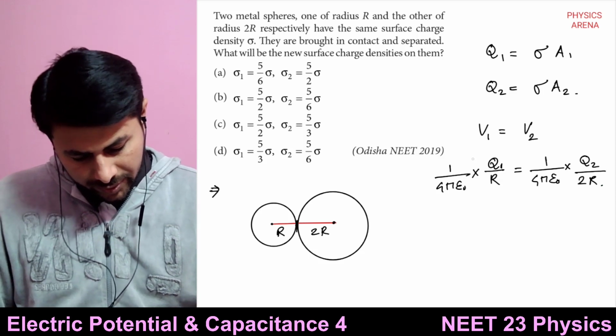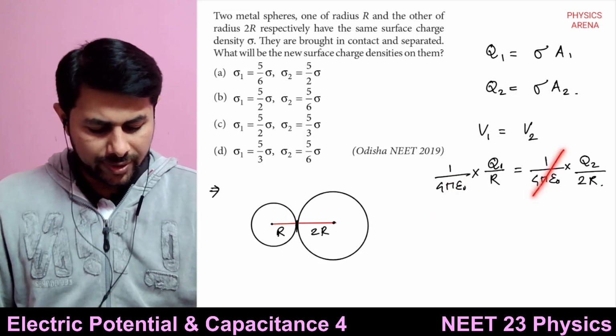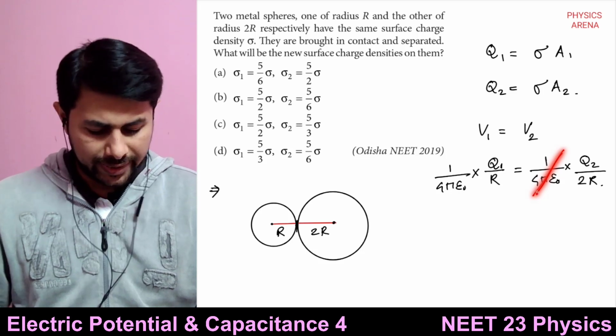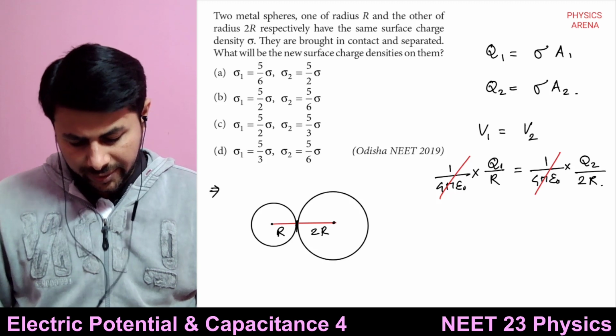Okay, so 1 upon 4 pi epsilon naught and 1 upon 4 pi epsilon naught get cancelled, right?